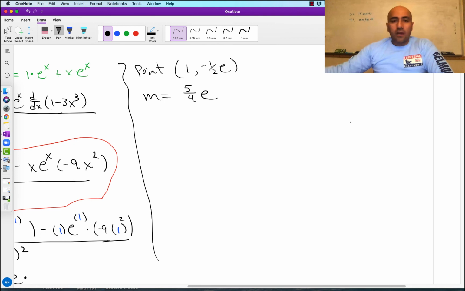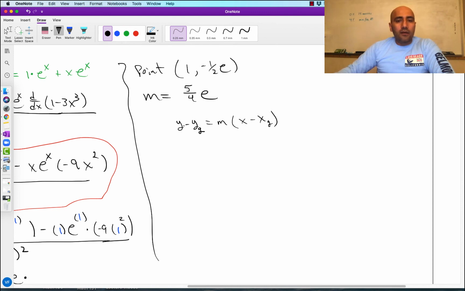Okay, so now we use our equation for a line. So it's y minus y given equals m, that's going to be given, times x minus some other given point. By that little notation, I mean that we have to have a point.